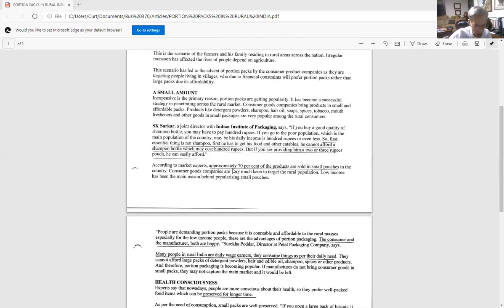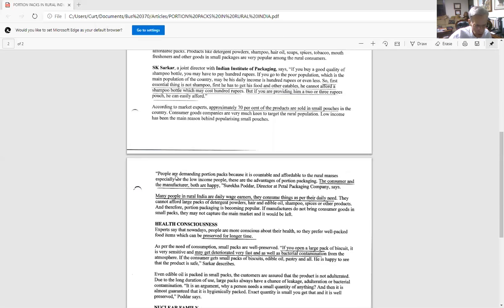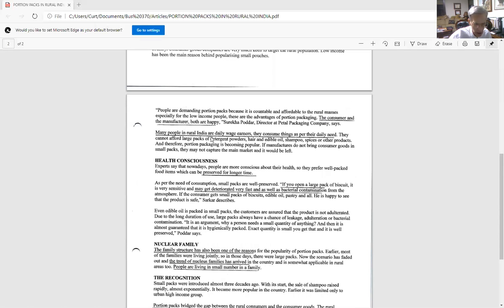So as the article goes on, and this is a very brief article, approximately 70% of consumer products are sold in small pouches. So it's become a big industry, this pouch industry has.